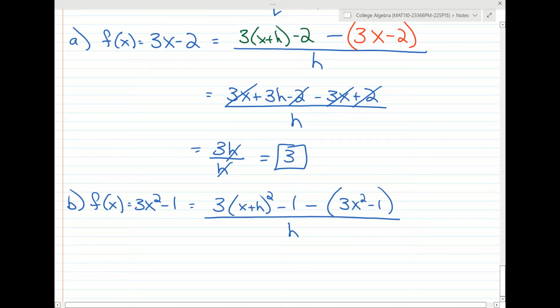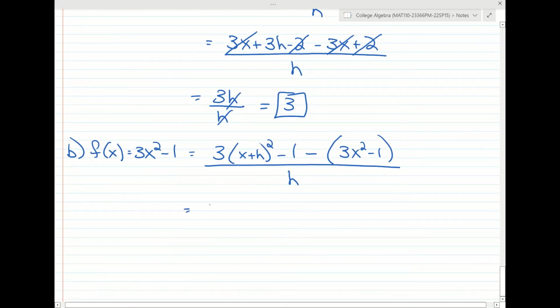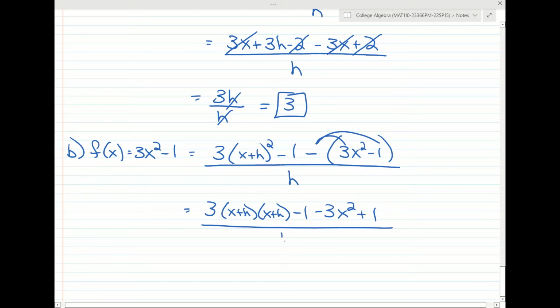Going to simplify it. There's no shortcut here. You can't just distribute the 2. Math doesn't work like that. So we do have to multiply out 3 times x plus h times x plus h minus 1 minus 3x squared plus 1, all divided by h.